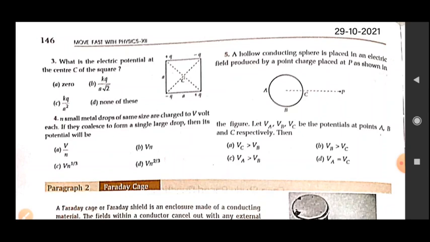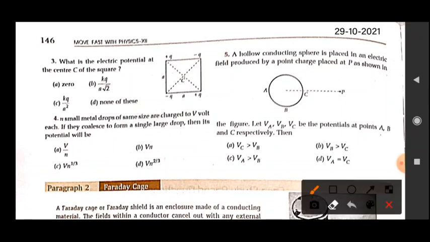First of all, you know potential is the same at every point of the conducting sphere, because potential cannot be different on a conductor. So we don't have to mention anything there. But now for the question, options are given as we have to find the relationship between VA, VB, VC.